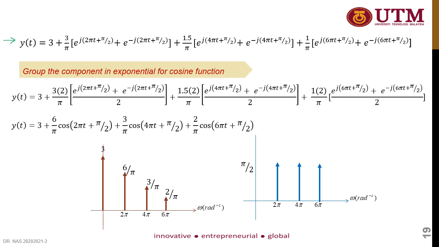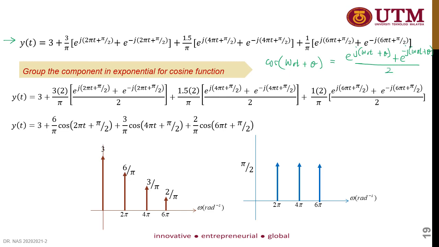Remember, cos of omega naught t plus theta in exponential form is e^(j(omega naught t plus theta)) plus e^(-j(omega naught t plus theta)), divided by 2.